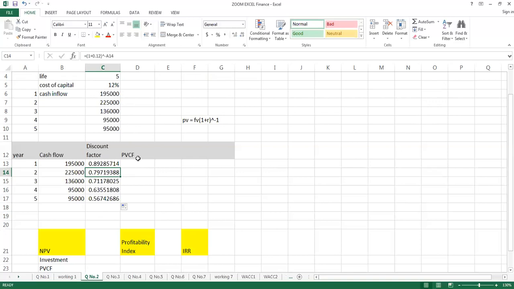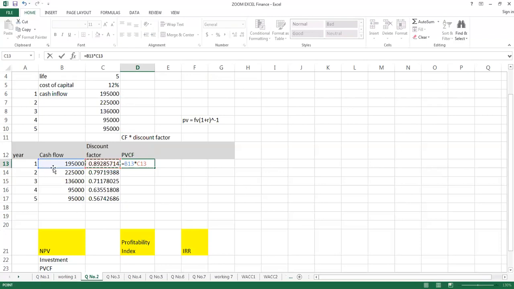Once you have done this, then to calculate present value, we need cash flow and we multiply by discount factor. So I hope that this will help you. So check, I'm taking this information, multiplying by this.